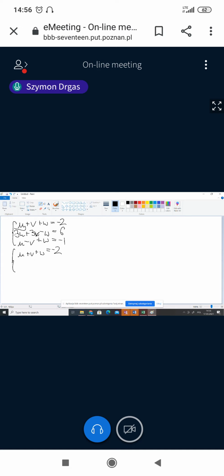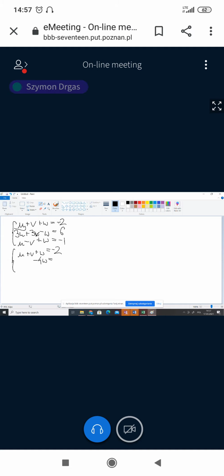In order to remove 3u, we need to multiply the first equation by 3 and subtract it from the second one. So we will have 0u, then we have v minus v, which will also be 0. And minus w minus 3 times w is minus 4 times w, and 6.